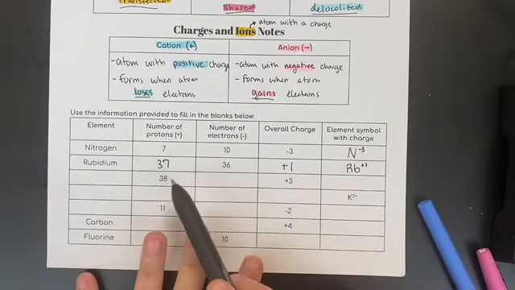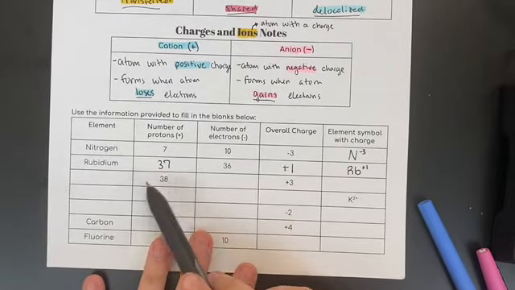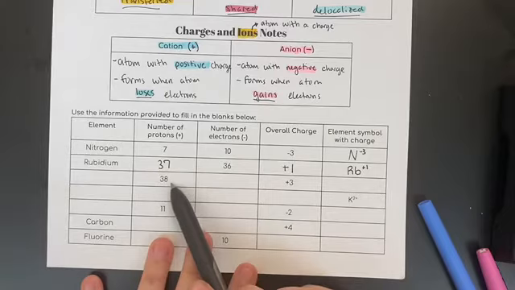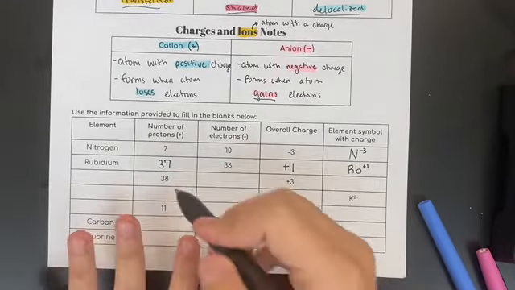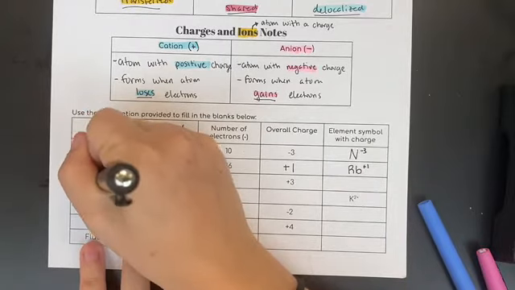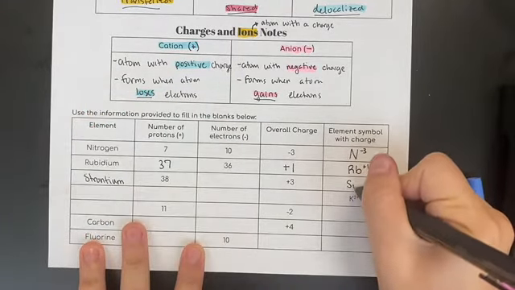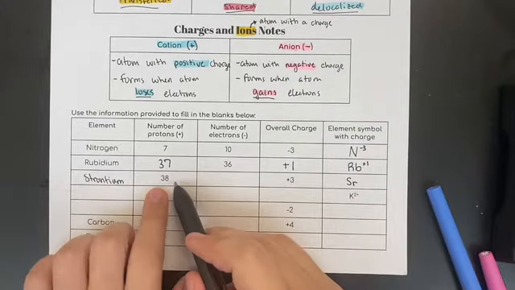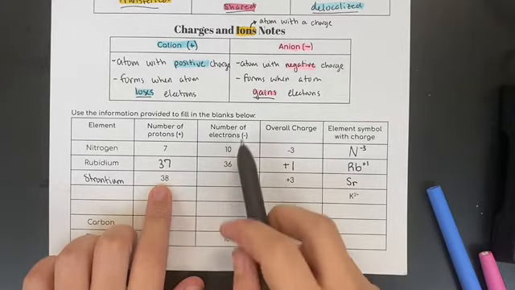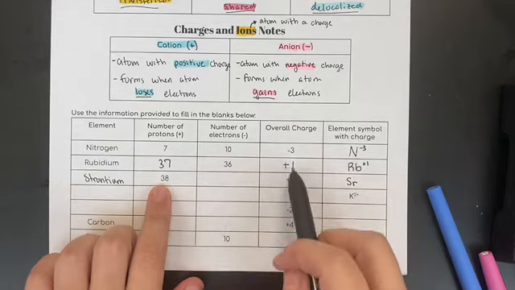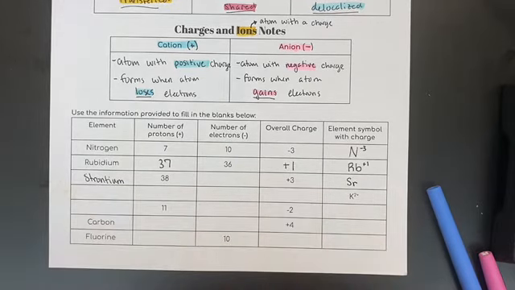The third example tells us a number of protons, but not the element. So we're going to have to use the periodic table to look up the element number 38, which is strontium. Strontium is Sr, and it has 38 protons. We don't know how many electrons it has yet, but we know that it has an overall charge of positive 3.